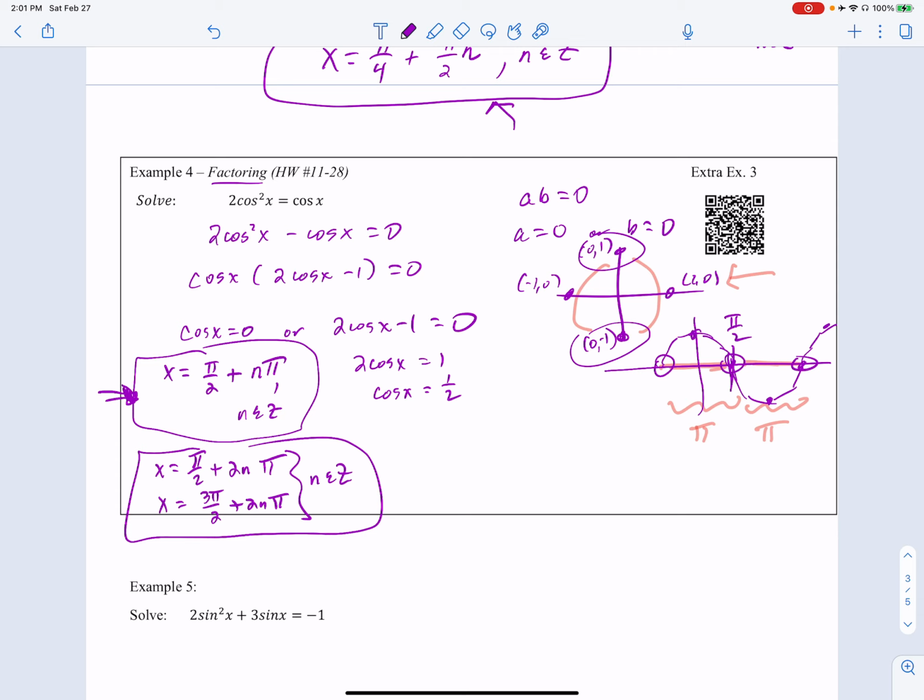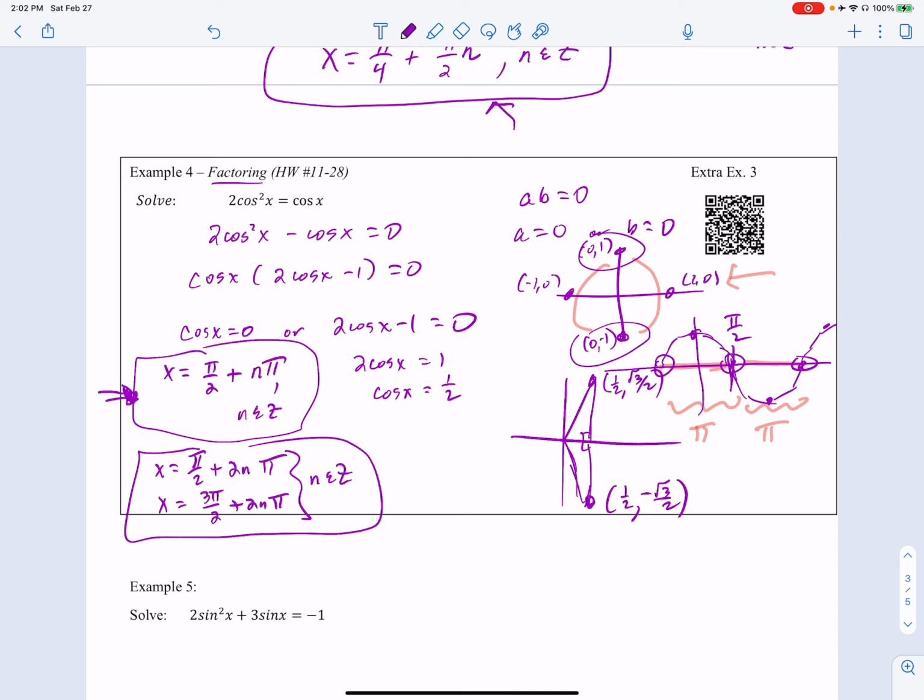So then we have 2 cosine x minus 1 equals 0, or where is cosine of x 1/2? Well, cosine's 1/2, it's going to be positive in quadrant 1 and in quadrant 4. And I had kind of gone through this one earlier. When it's pi thirds, this is to the right 1/2 and up root 3 over 2. Or in the fourth quadrant, it's to the right 1/2 and down negative root 3 over 2.